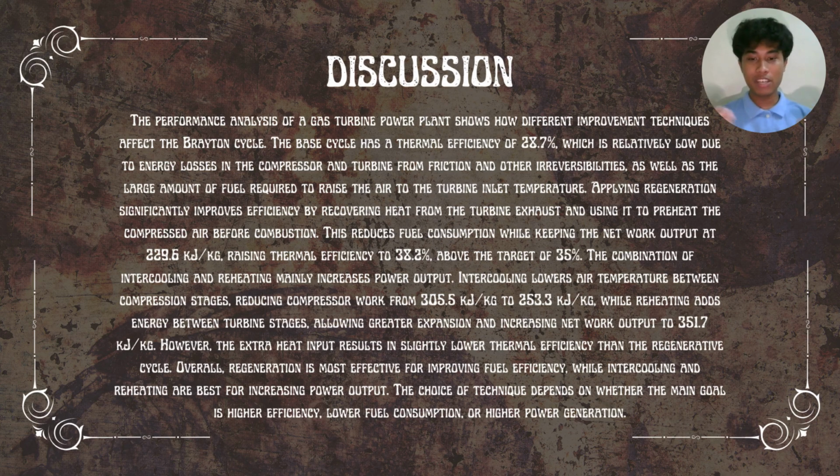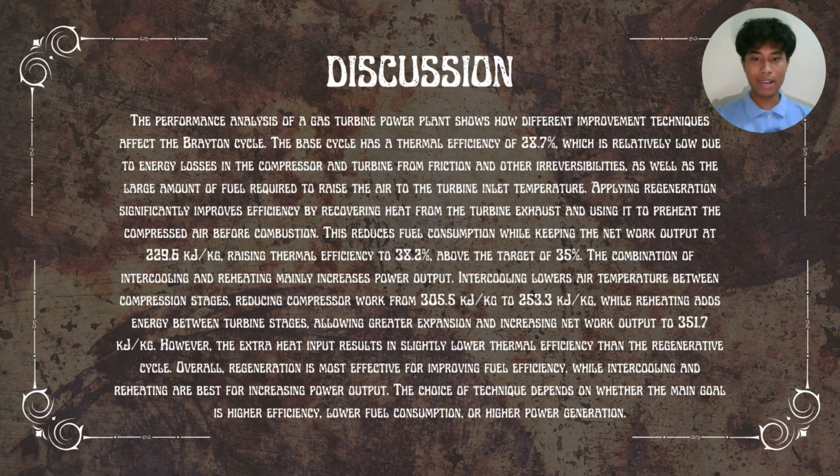Next, when regeneration is applied, the performance improves significantly. Regeneration works by recovering heat from the turbine exhaust and using it to preheat the compressed air before it enters the combustion chamber.